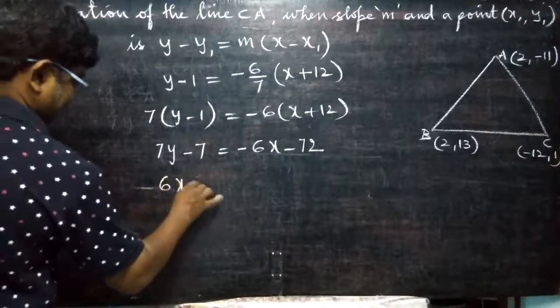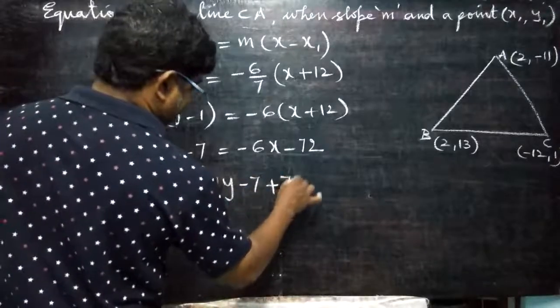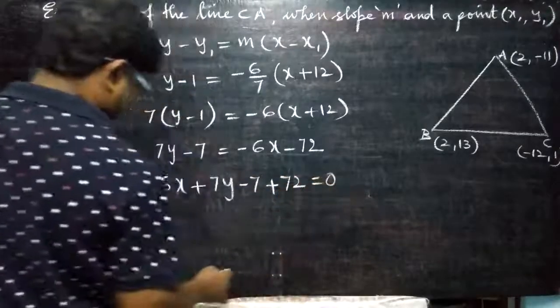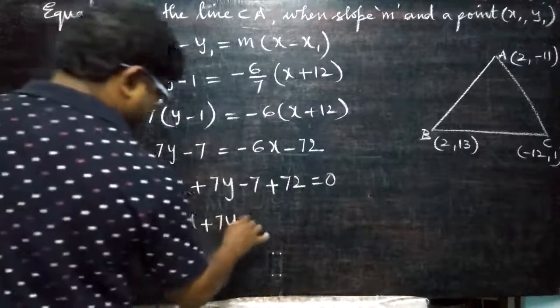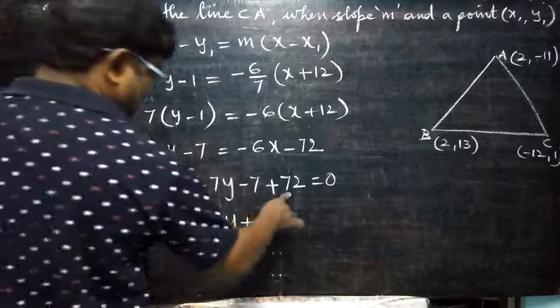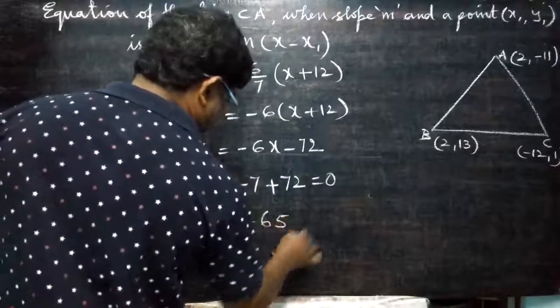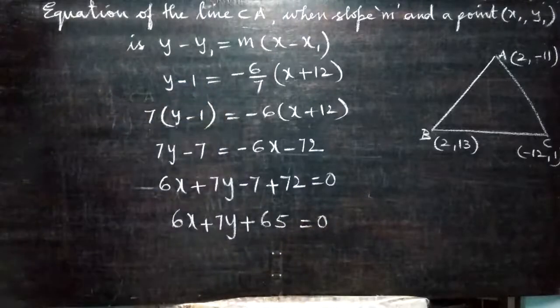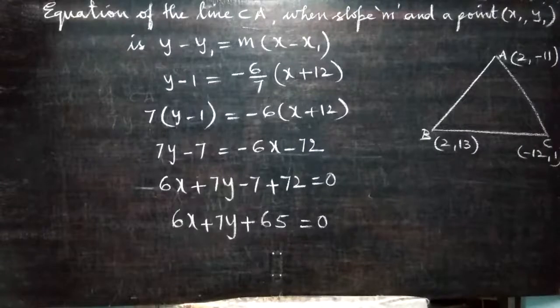So 6x plus 7y minus 7 plus 72 is equal to 0. 6x plus 7y plus 65. Conclusion, what you will write? Therefore, the equation of a line CA is 6x plus 7y plus 65 is equal to 0.